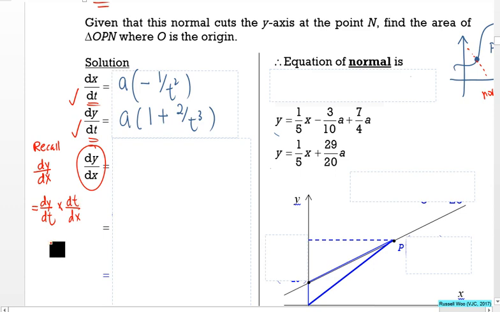Am I right to say that? So dy/dt is this. dt/dx is 1 divided by this. Correct? Follow? Remember? These two, as if these two cancel off. Alright? So what is dy/dx?